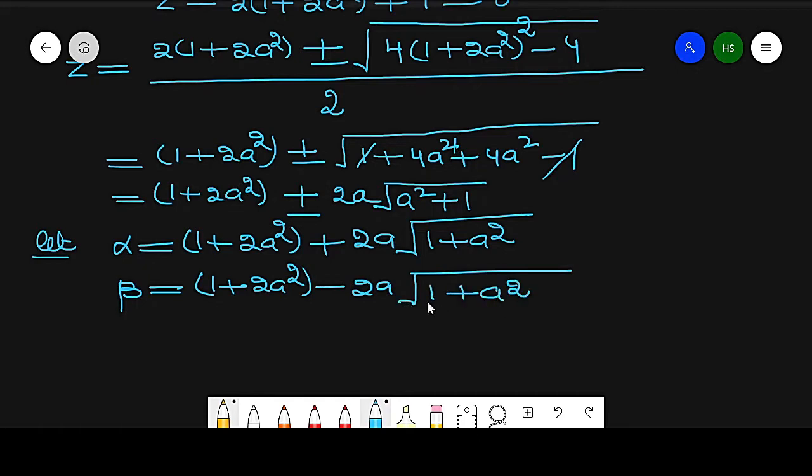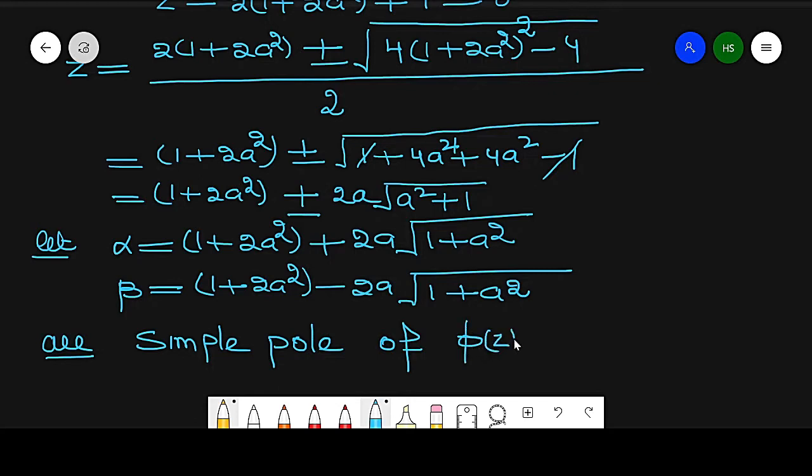These are the two roots of the function phi z. So alpha and beta are simple poles of the function phi z. So phi z is basically 1 by z minus alpha, 1 by z minus beta.